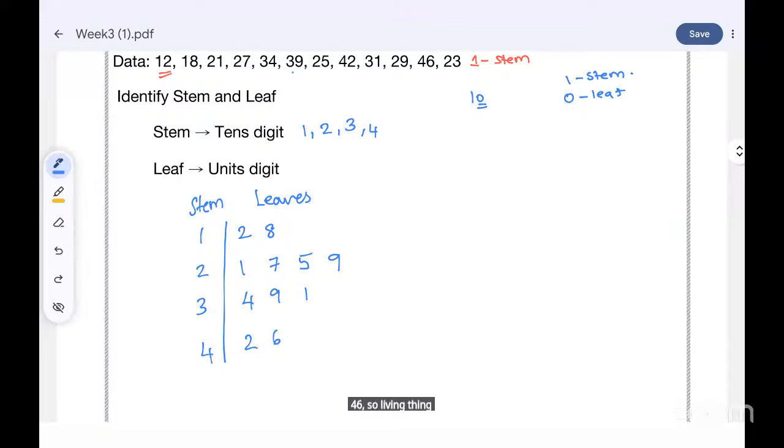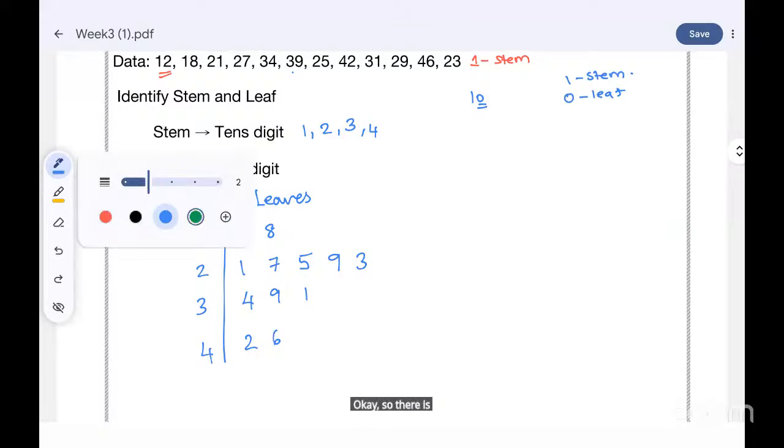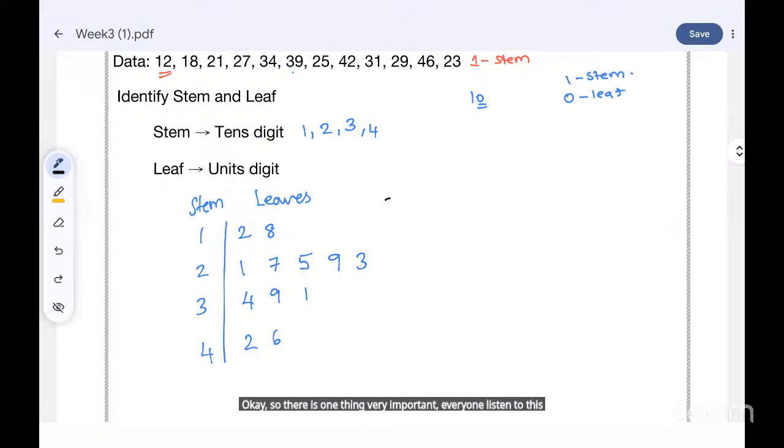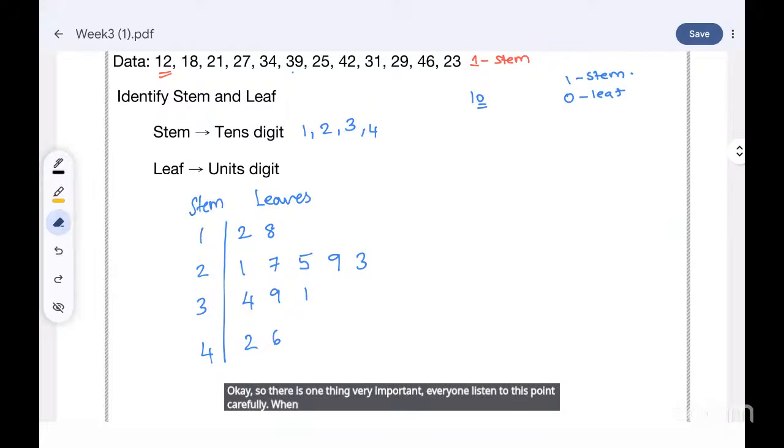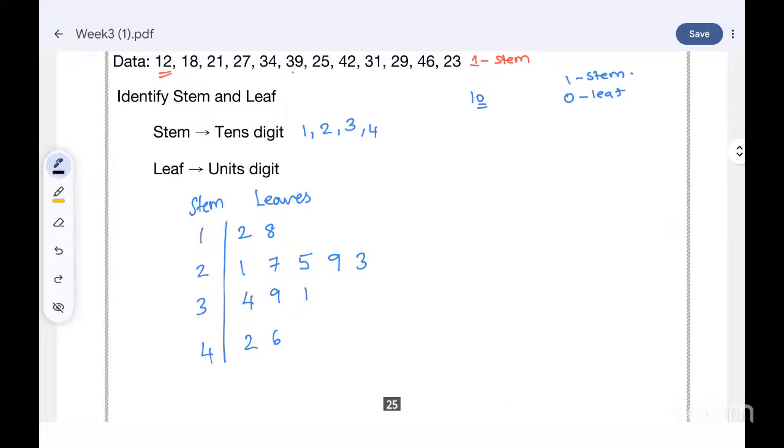And then 23, 3. Okay, so there is one very important thing. Everyone listen to this point carefully. Shouldn't 25 come before 27? I have not yet come to that part. Let me just say this point first.